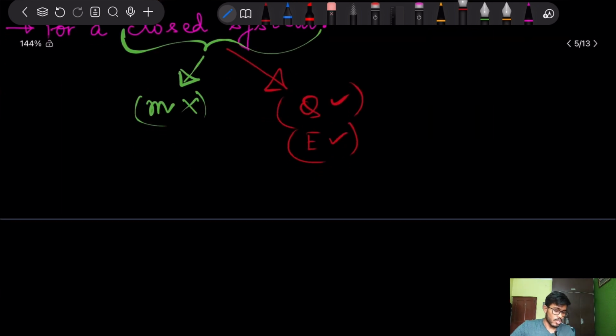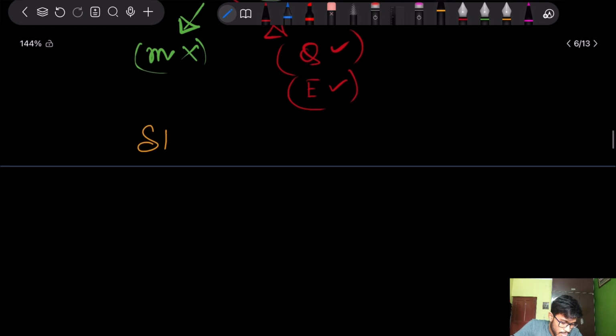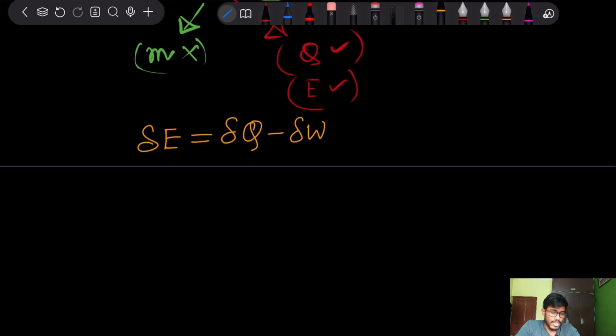For a closed system, the form of the first law of thermodynamics is delta E is equal to delta Q minus delta W, right? Is it right? This is also not right, because it is not delta E, it is dE. Why? Energy is a property, so it is a point function and not a path function.